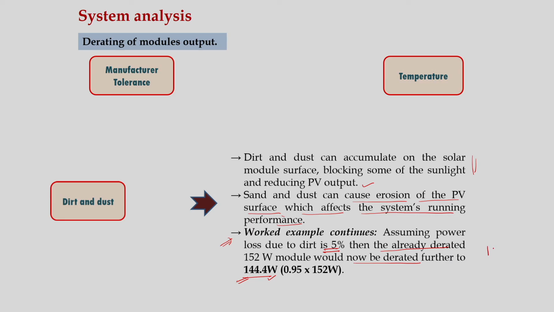So, 160 multiplied by 0.95 into 0.95 is something like 144.4 watt, right.